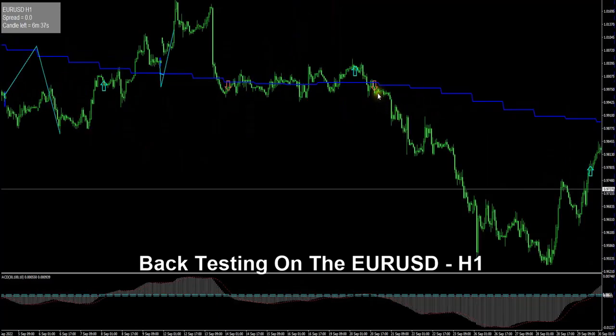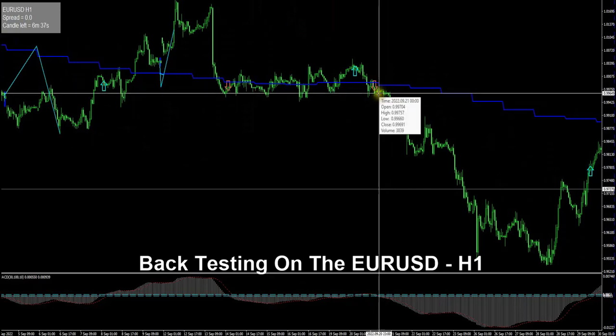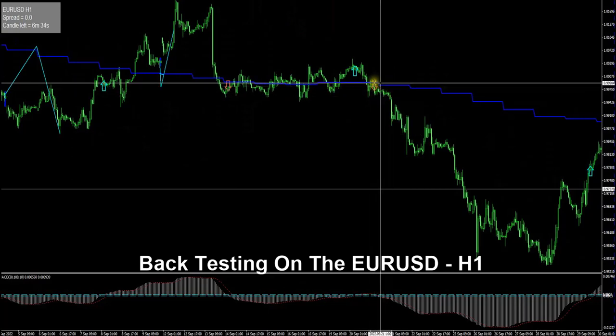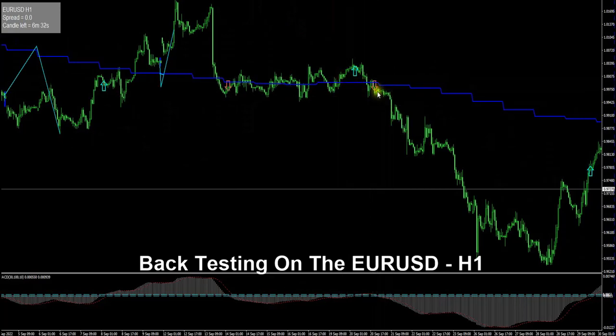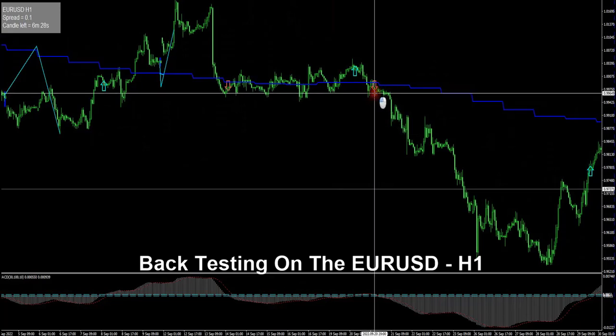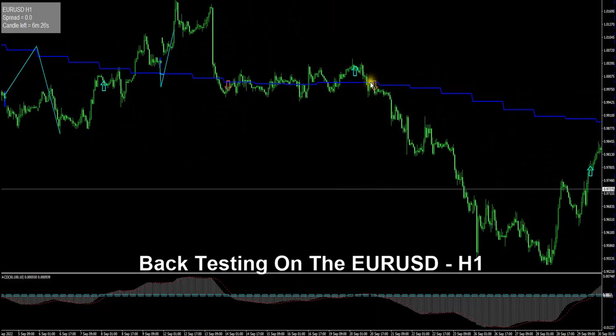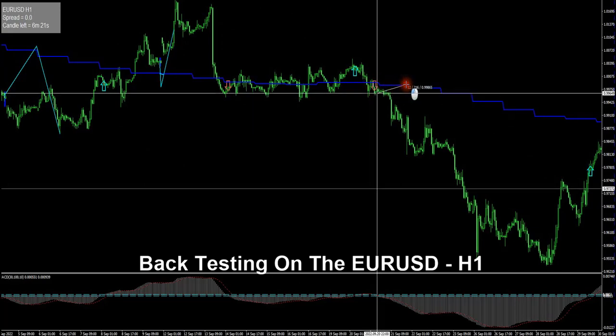Here is a really good example though. So price was below the multi-time frame moving average. We had a sell signal, and the next logical high was just above this last candle here. And essentially you're using the moving average, but because we have actual candles that have given us the previous high, then it's in my mind a much safer place to put a stop loss.